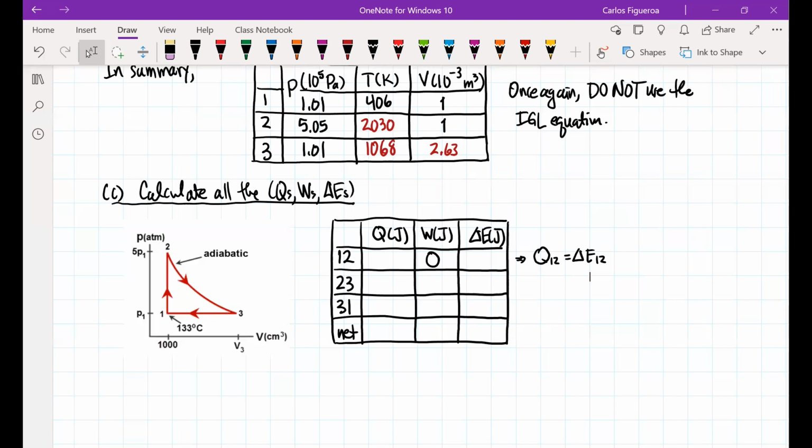The first thing I'm going to check is, is the cycle of the internal energy equal to 0? That's the question we're asking here. So in this case, that means the internal energy between 1 and 2 plus 2 and 3 plus 3, 1, well, is that 0?